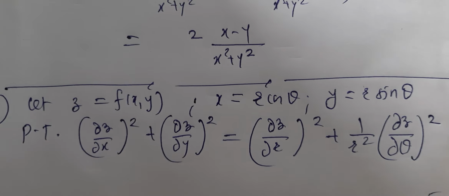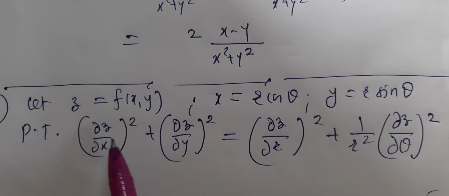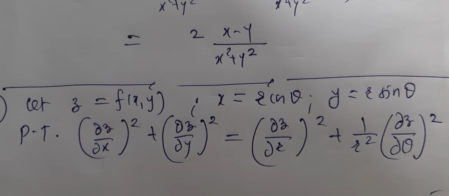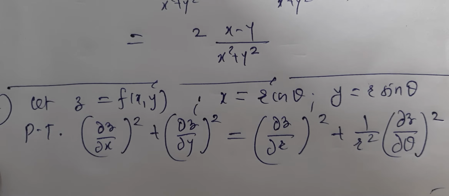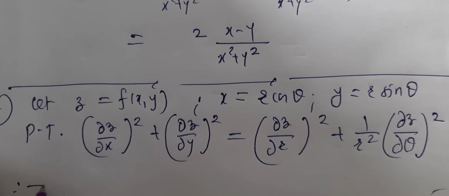Secondly, when we want to find ∂z/∂x, you have to see is z a function of x directly or via some variable. If it's directly the function, directly start differentiating. If it is via some variable, you have to use the chain rule, that is the rule of composite function. So before we start, we have to see all these things. So first always write the given thing.